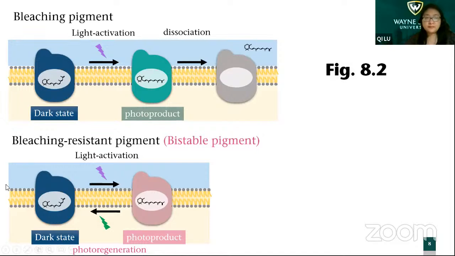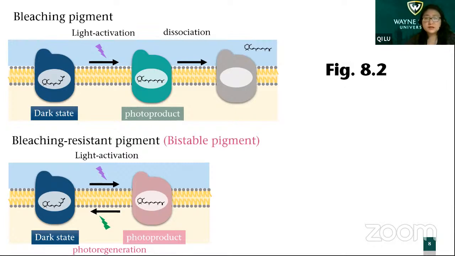But there are also bistable pigments that exist in the natural world. That's the bleaching resistant pigment. That means that after capturing a photon, although it also changes from 11-cis retinal to all-trans retinal, it will not dissociate from the protein.